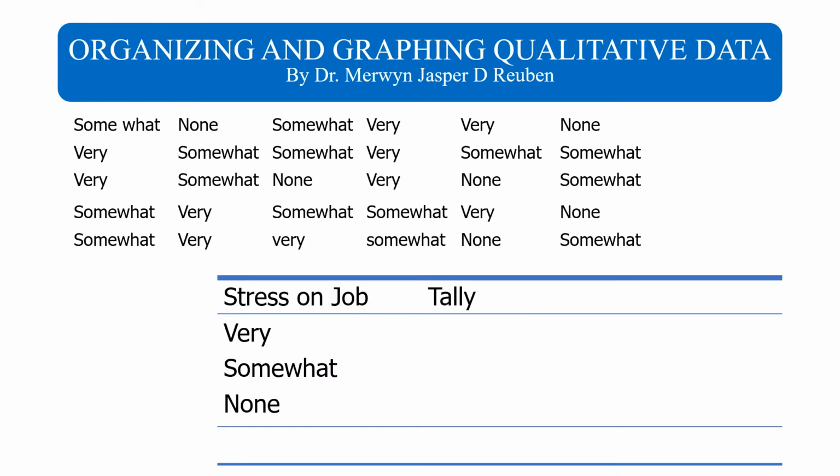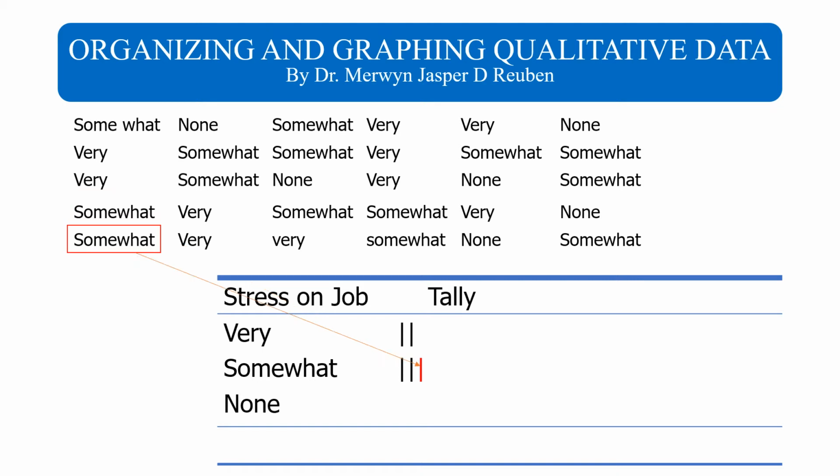Now we do something called a tally, which we have learned in our childhood. The first data is somewhat. So under tally, against the category somewhat, we put a standing line. The next data is very. So against the category very, I put another standing line. Similarly, the next data is very, so again I put a standing line against very. Next is somewhat, so I put a line against somewhat.